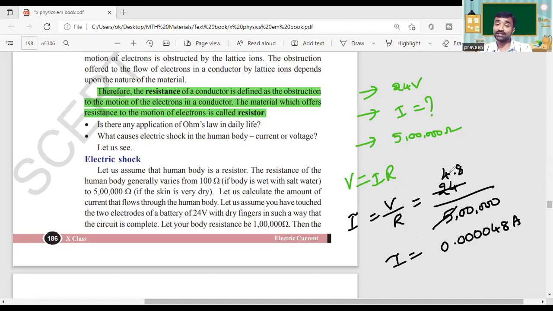Suppose that resistance is further decreased to 1 lakh ohms, what happens? The amount of current allowed through your body will become 0.000024, right? Is it correct?